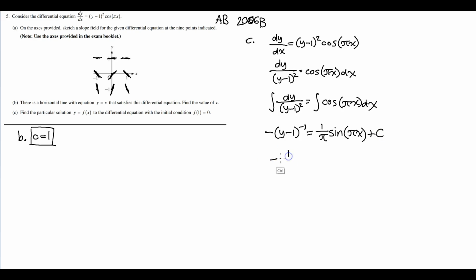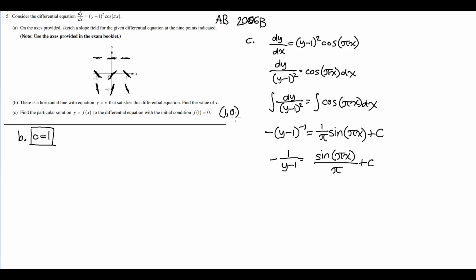So if we recap, we have negative 1 over (y minus 1) equals sine of pi x over pi plus c. It satisfies the initial condition (1, 0), so we can plug in to find c, because c is conveniently placed.